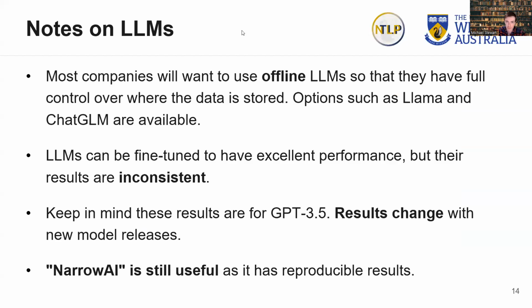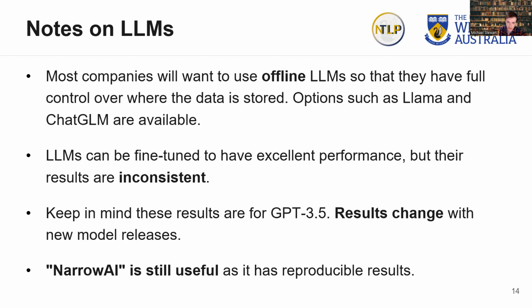So just some quick notes on large language models. Most companies probably want to use offline large language models, just from a data provenance perspective. But there are, fortunately, other options like Llama and ChatGLM that are offline, as opposed to GPT, which is online.